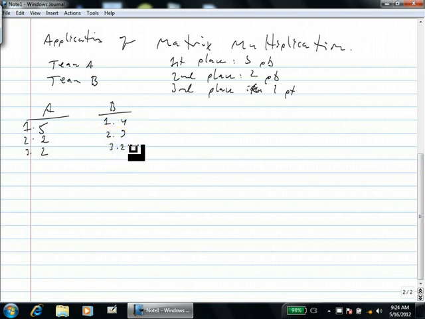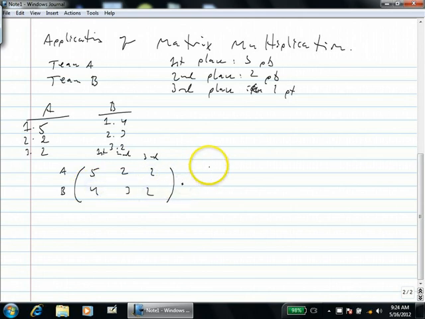We can figure out what team wins pretty easily by working out how many points each team has accumulated. I'm going to show you how that could be done with matrices. If I make 2 rows, one for Team A, one for Team B, and in the columns I have first place finishes, second, third place finishes, I end up with a 2-row by 3-column matrix that looks like this: 5, 2, 2, 4, 3, 2.